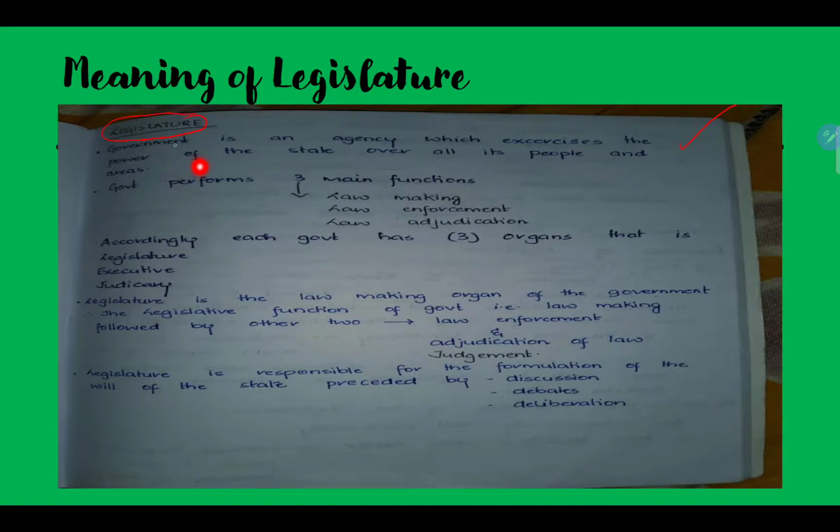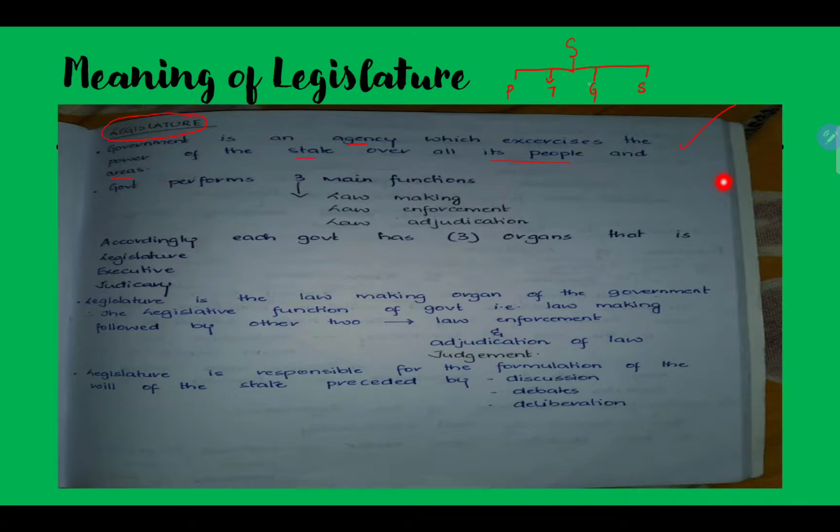So what is legislature? Government is an agency which exercises the power of the state over its people and territory. We have already discussed in class 11 that state has 4 elements, right? Population, territory, government, and what?